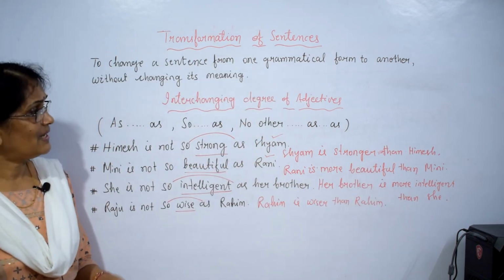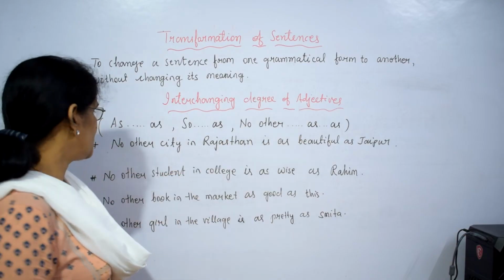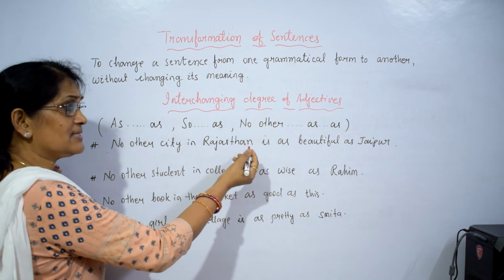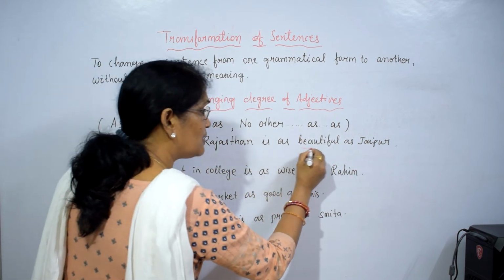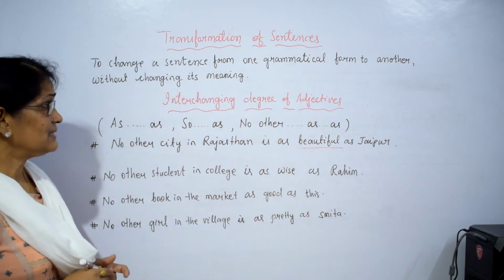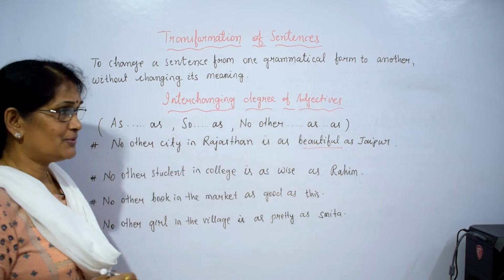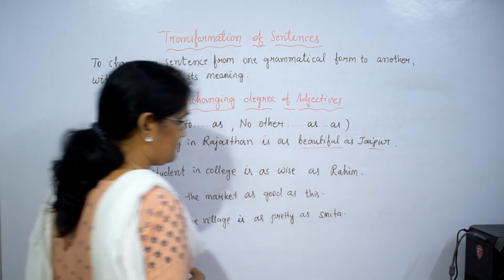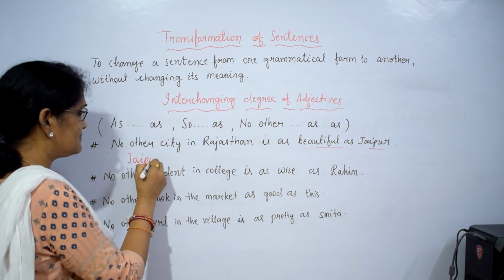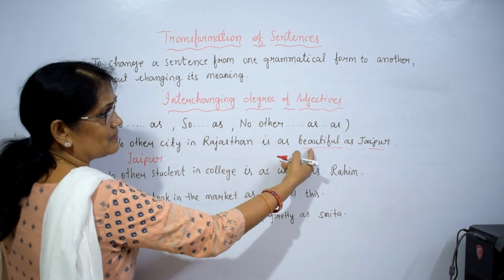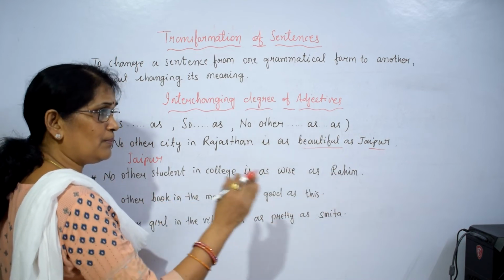Then last one, no other...as. No other city in Rajasthan is as beautiful as Jaipur. We have to focus on the adjective. Take the name of the place, Jaipur. Jaipur is, this is positive degree. Make it into comparative, more beautiful.